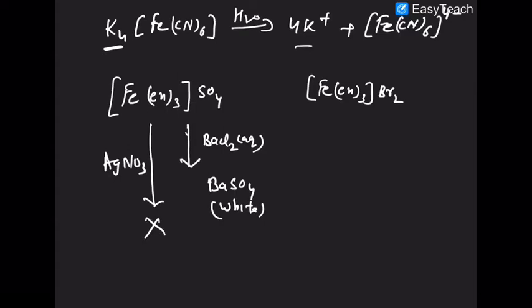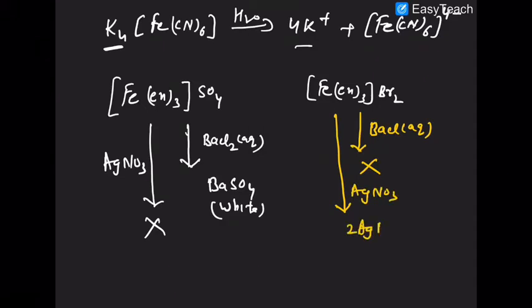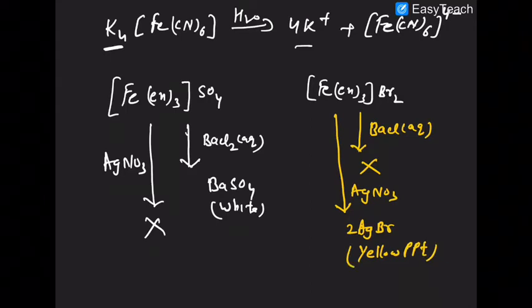Similarly, here in this case, on adding barium chloride aqueous, you will get nothing. But on adding silver nitrate, you will get what? You will get yellow PPT of AgBr, yellow PPT of AgBr, that is soluble in ammonia.